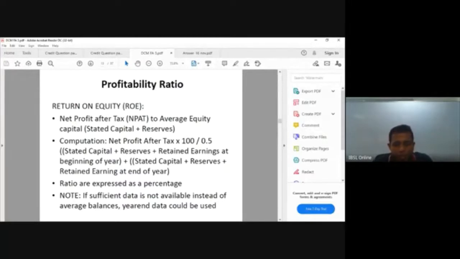Take the year beginning figure of the equity, the year end figure of the equity, and take the average. This is expressed as a percentage. The higher the percentage, the better it is. If you have any problems, you can ask.